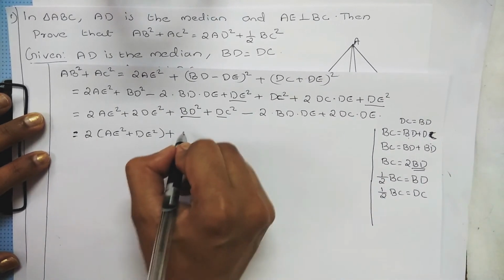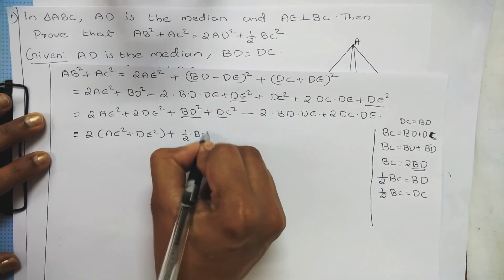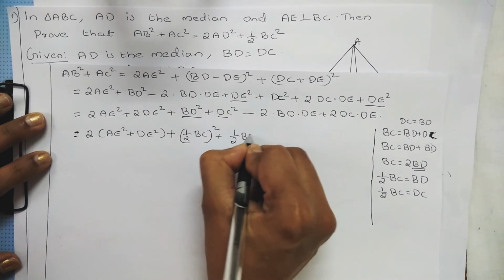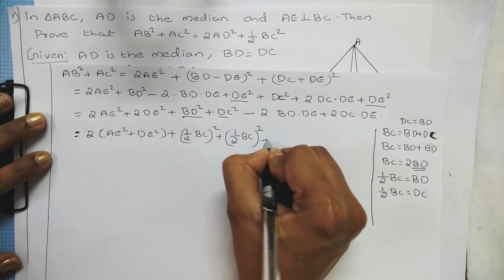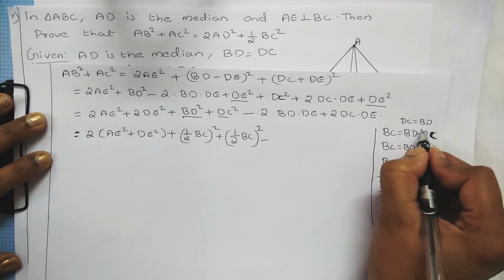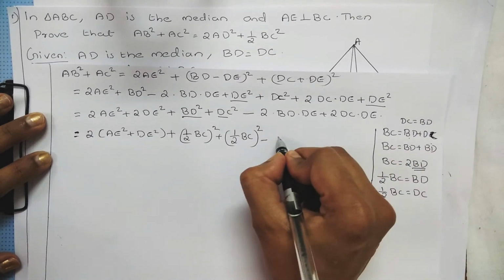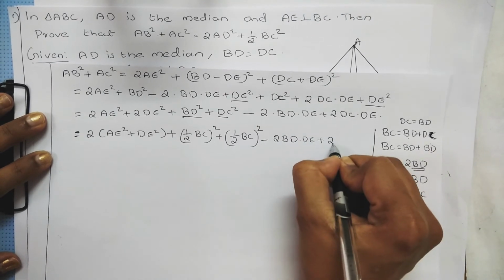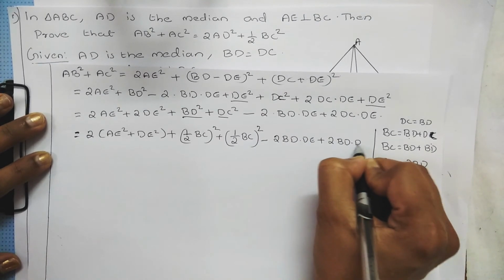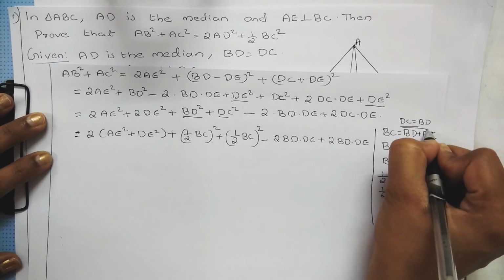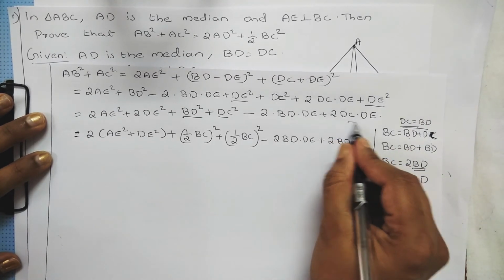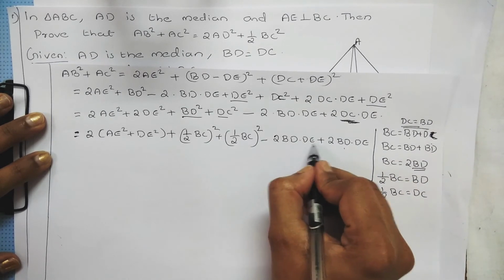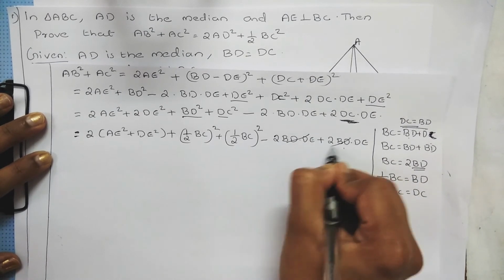Half into BC, so (1 by 2 BC) the whole square, plus DC also we are going to write (1 by 2 BC) the whole square, minus, here you see again I am telling DC is equal to BD, that means minus 2 into BD into DE plus 2 into BD into DE. Why? What is the reason? DC is equal to BD. So instead of DC I have written BD here. Now this is a plus term and a minus term, so it will be cancelled here.